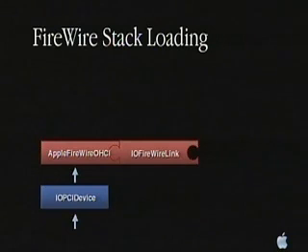IOFireWireLink has all of the functions that would be needed for any FireWire interface. AppleFireWireOHCI has specific hardware control for the OpenHCI. Its DMA engines, for example, are quite different from PCILynx. Those two are loaded as one, as a unit, that will provide the device driver layer service for actually controlling the FireWire hardware.